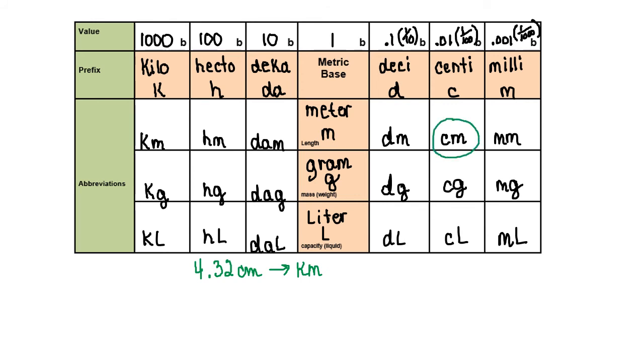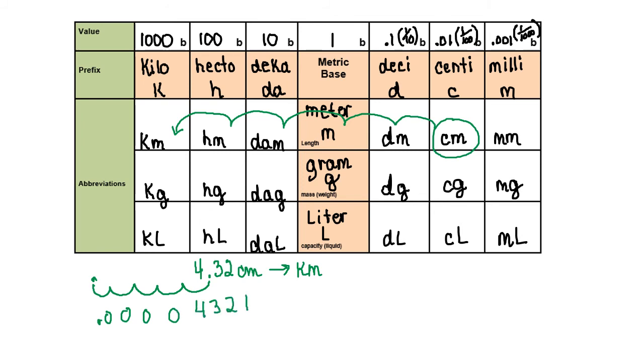This is where I'm going to start, and I'm going to count the jumps it takes me to get to kilometers, or kilometers, depending on how you say it. You'll notice that you did 5 jumps. What that means is you're going to have to go the same direction and move that decimal that many times. So what you end up with is 0.000432 kilometers.